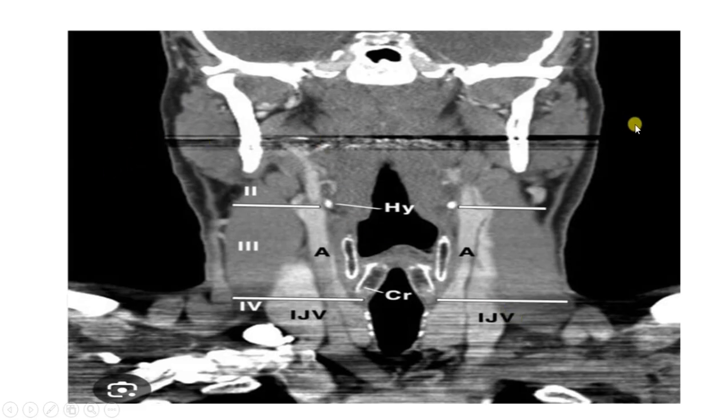And in the coronal view of the skull, this is the mandible, and from above this line, level 1A and 1B lymph nodes are identified, and this is the hyoid bone, and level 2 lymph nodes are identified from this level to this, and this is the cricoid cartilage, this is the internal jugular vein, and these lymph nodes are identified. These lymph nodes are level 3, and these lymph nodes are the level 4 group.